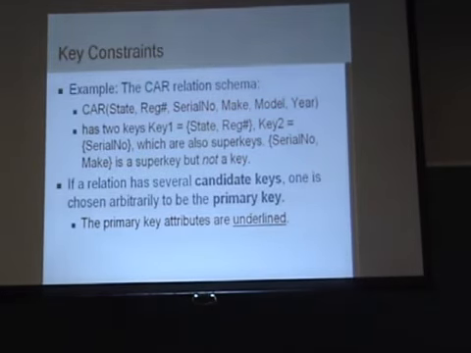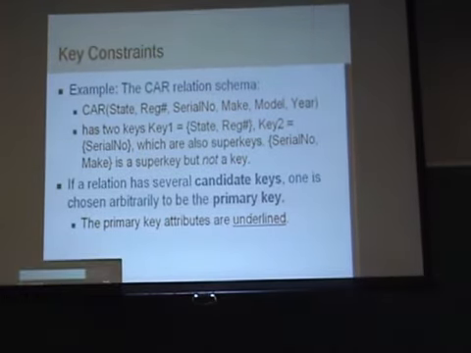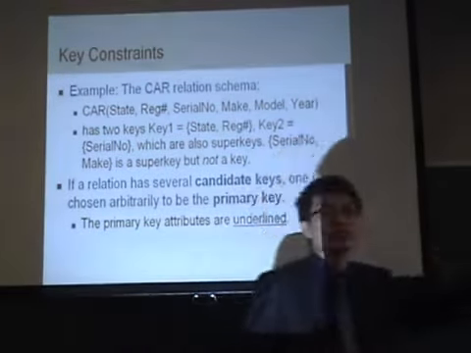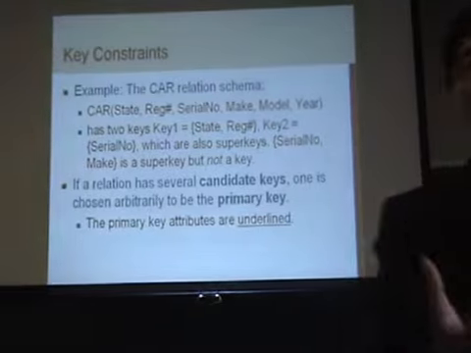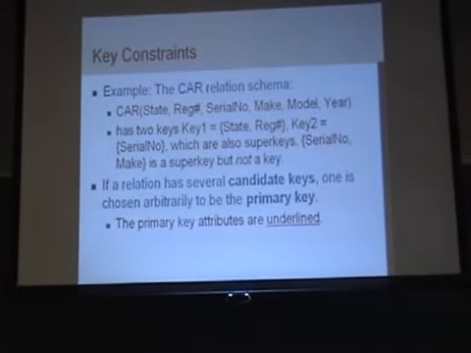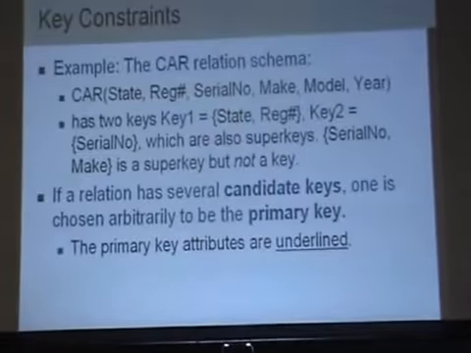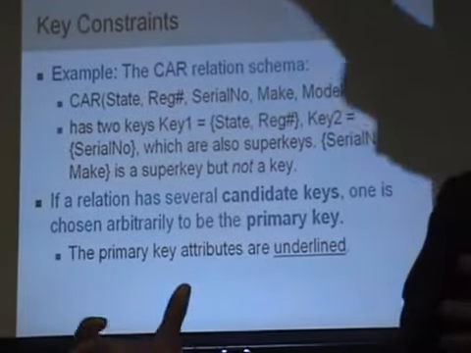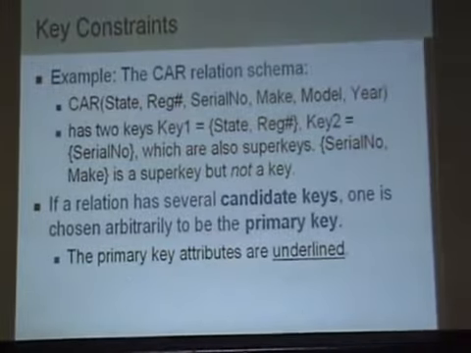How can we select? It depends. Then that primary key should be underlined, just like the underlined key attribute in ER modeling. Don't be confused. ER modeling is a different modeling. This one is another modeling, database modeling, relational database modeling.